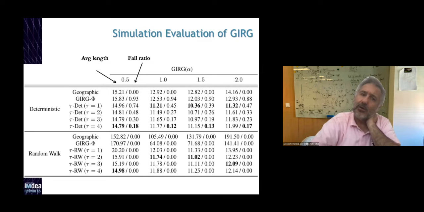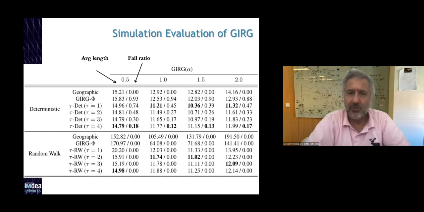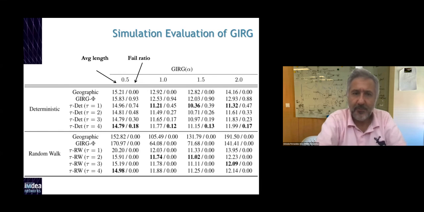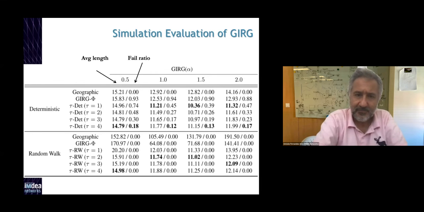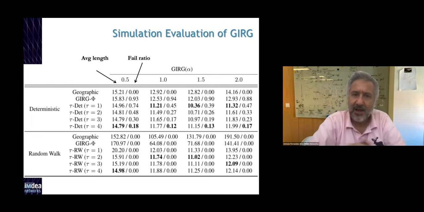Because essentially all the routing algorithms I was describing can be used in the topology of kappa pi, the kappa pi network, but they can also be evaluated in the GERC. So this is what we're doing here. So every pair, the first value of the pair is the average length that these uniformly chosen random pairs had in number of hops. And the second part is the fail ratio.